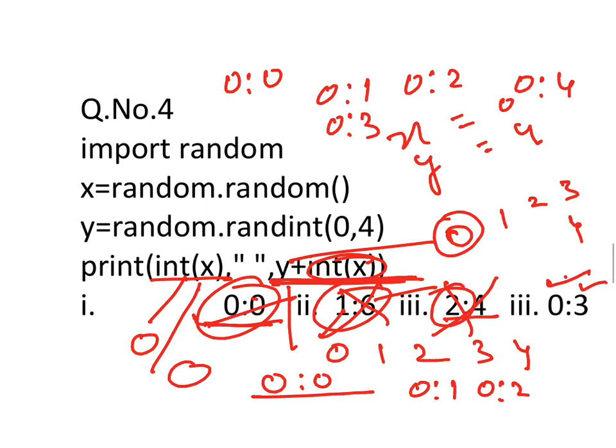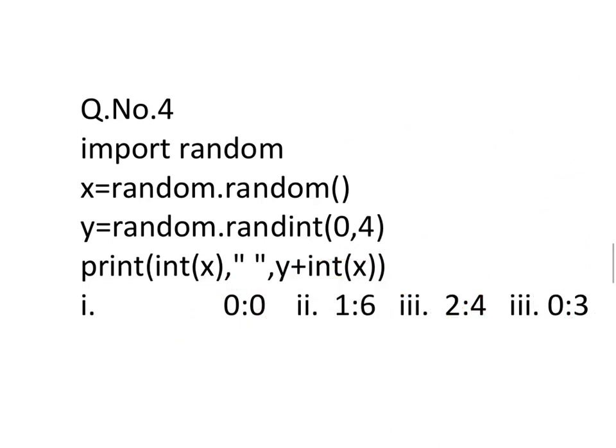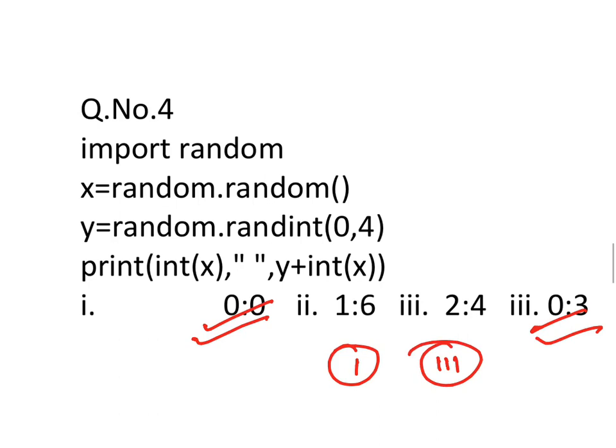Or this 0 3, it may be. So you have to give both, first and third. So finally your answer will be 0 0 or 0 3. So finally you have to write 1 and this, sorry, not third, fourth. It's a misprint here, fourth.